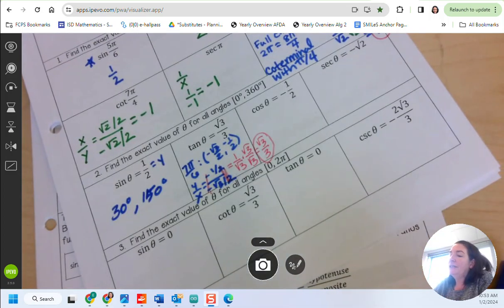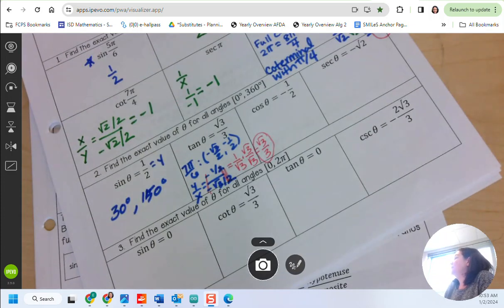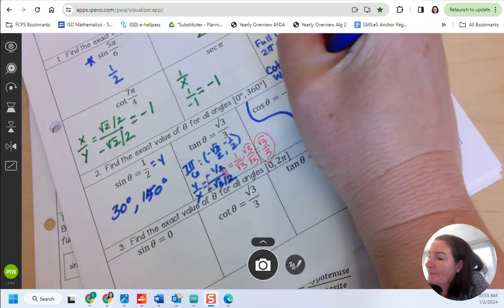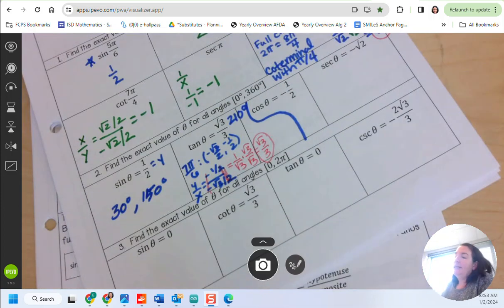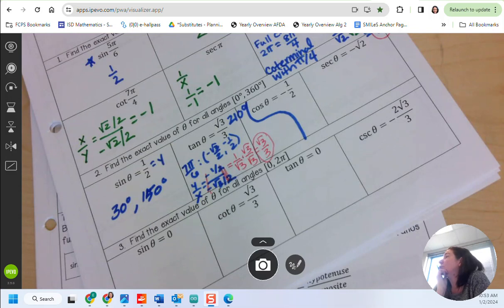So 7 pi over 6, which is actually, I need the answer in degrees. How many degrees is that? 210 degrees. So 210 degrees works. Does anybody have an idea if 210 degrees works, what's the other one that's going to work in the first quadrant? It is 30 because if you look at the 30, it has the x and the y in the same place.